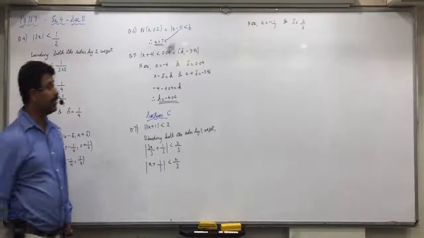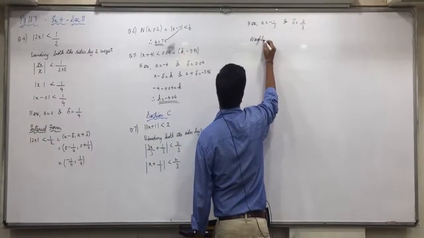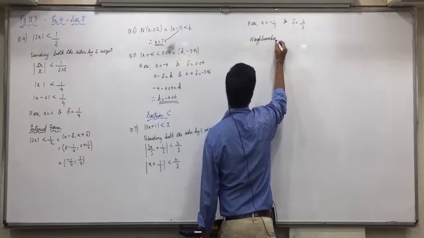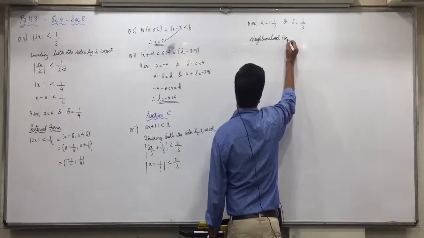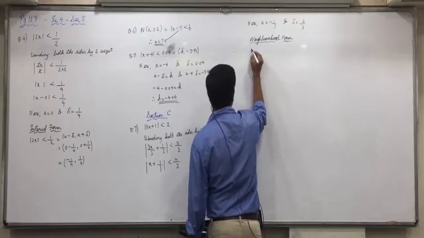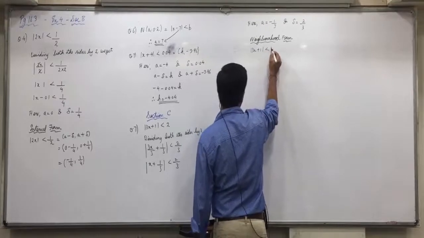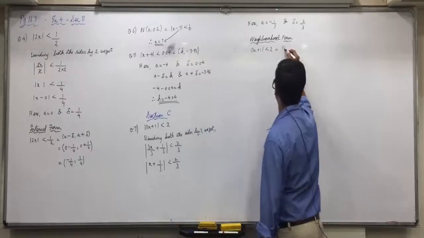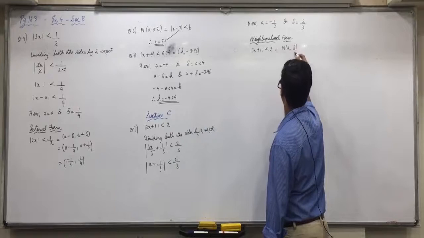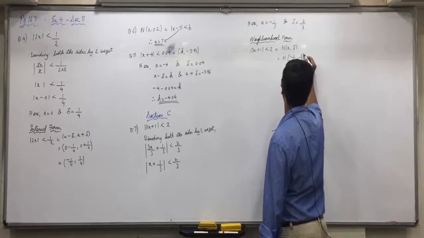Now which forms are asked? Neighborhood and interval. So neighborhood form: modulus 3x plus 1 less than 2 is equal to N(a, delta). So N(minus 1 by 3, 2 by 3).